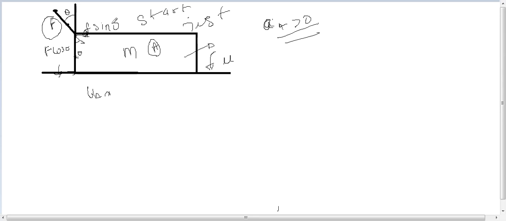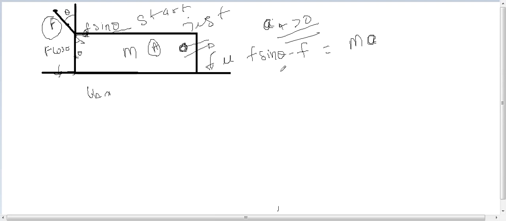So can I write F sin theta minus friction, the direction of friction is this on block A. So F sin theta minus f is equal to mass of A into a.